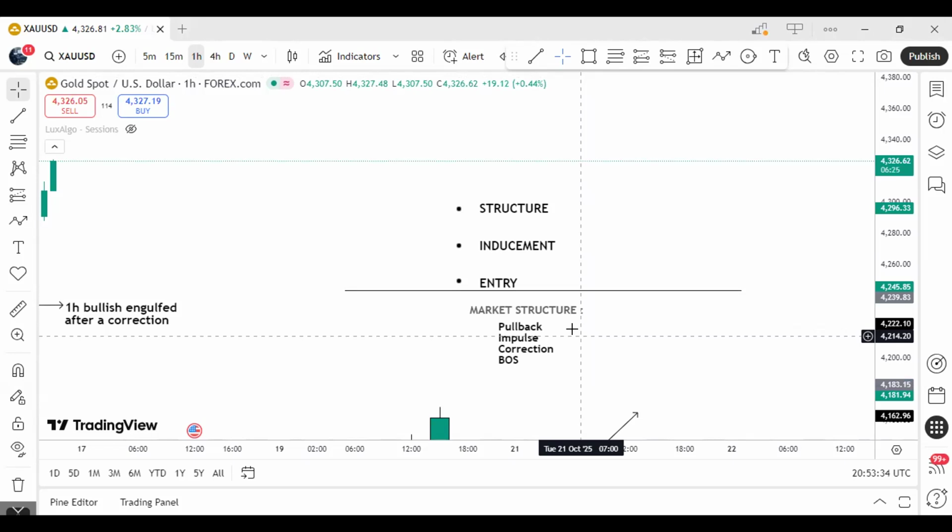We are talking about how to identify the correct way of identifying when the market is actually trending. First we're going to be talking about pullback and impulse.